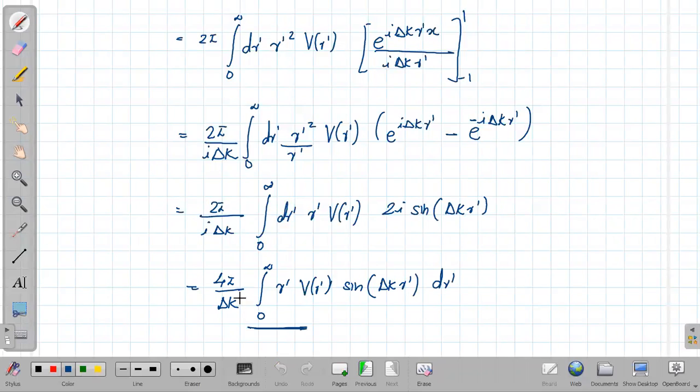Now it is possible to rewrite delta k. So what is delta k? Actually, delta k is the magnitude of k0 minus k. Okay, so it will be root of k0 square plus k square minus 2 k k0 cos theta.